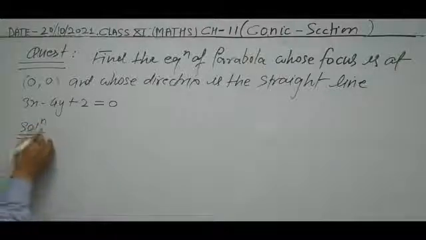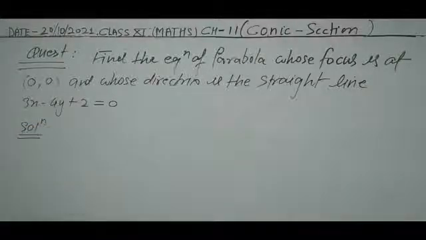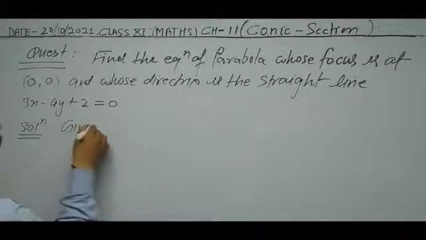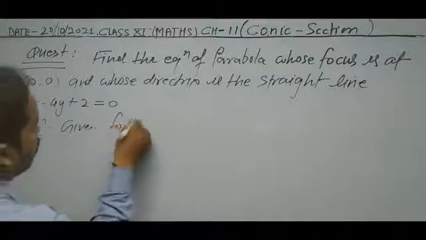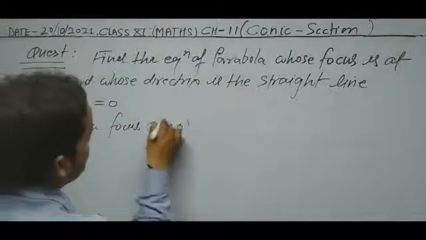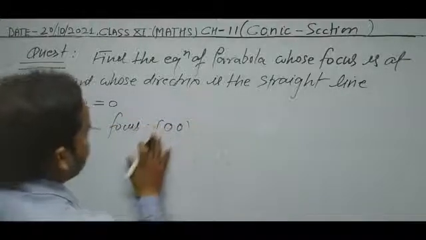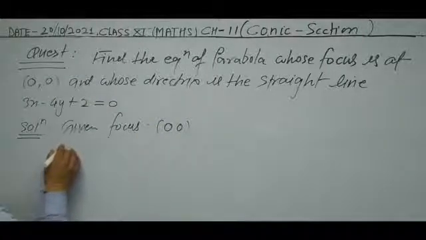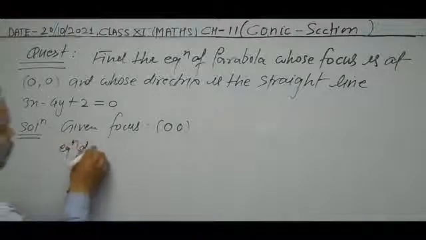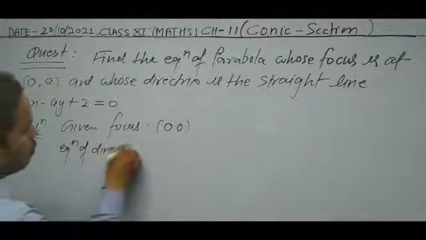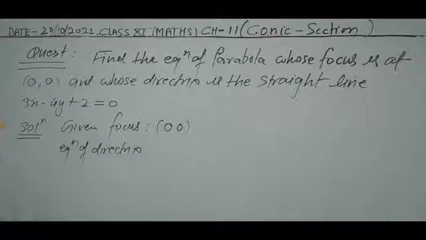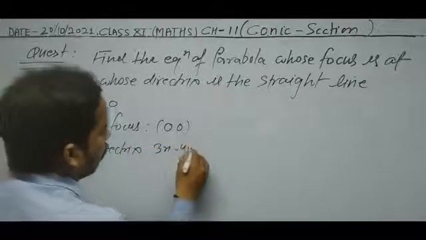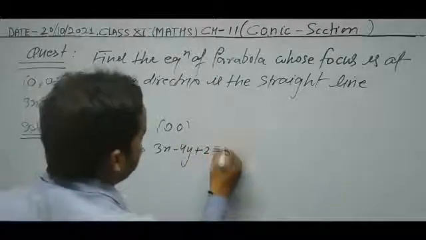So see the solution. First of all, I will draw the figure. Given focus is (0, 0) and the equation of directrix is 3x minus 4y plus 2 is equal to 0.